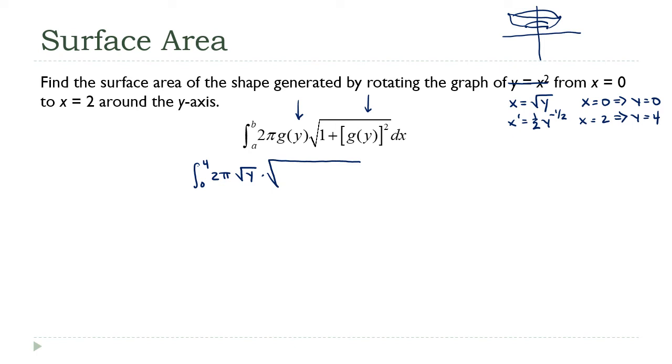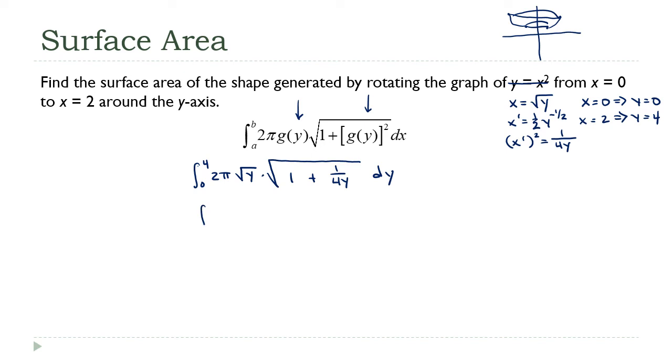Now I need to square it: x prime squared is going to be 1 over 4y. So let's put that into the formula. This becomes 1 plus 1 over 4y dy.